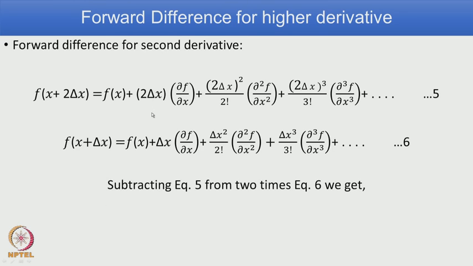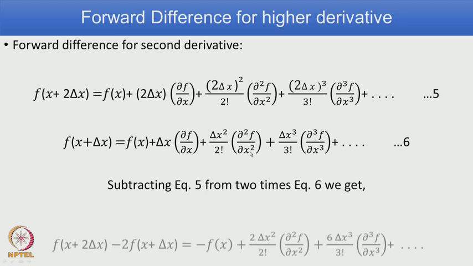So, if you subtract equation 5 from equation 6, because we are interested in the second derivative ∂²f/∂x², and we need to have other terms cancel. So, we do the operation subtracting equation 5 from 2 times equation 6.